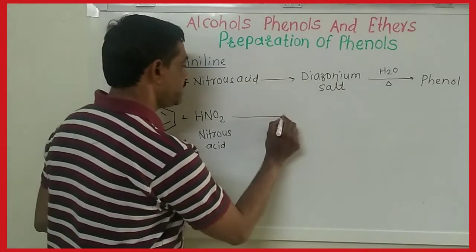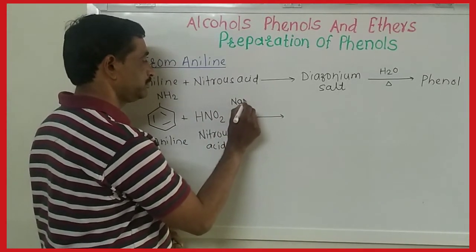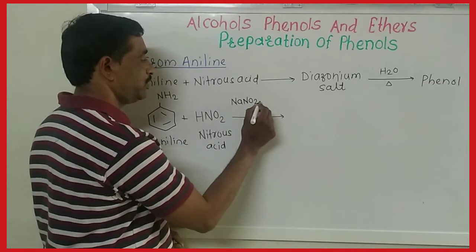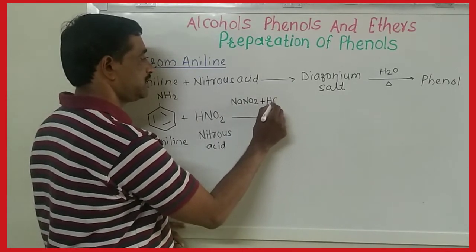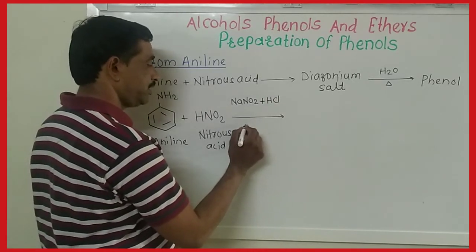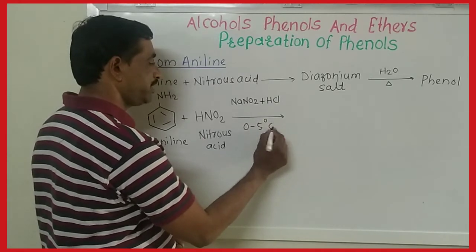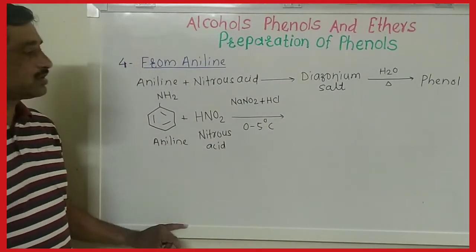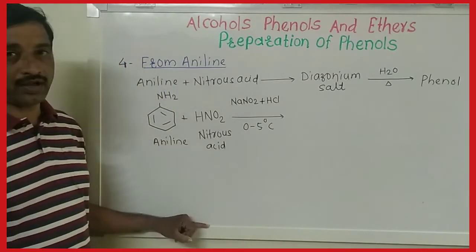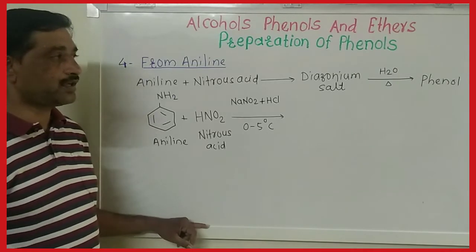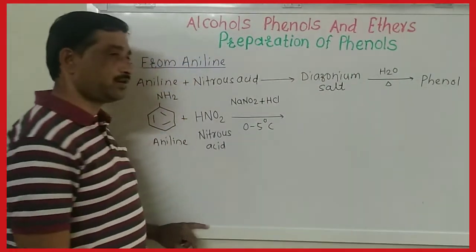This nitrous acid is prepared by the reaction of NaNO2 plus HCl, and the temperature required is 0 to 5 degrees Celsius or 273 to 278 Kelvin. This reaction is known as diazotization reaction, because in this reaction we get diazonium salt.